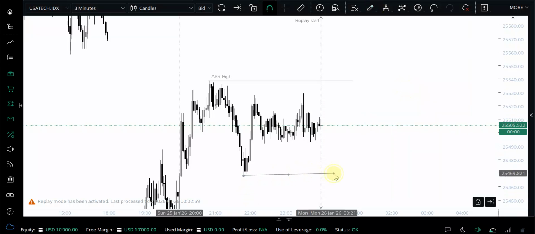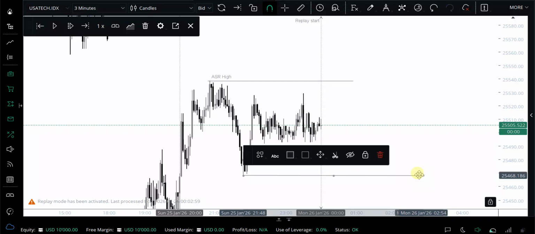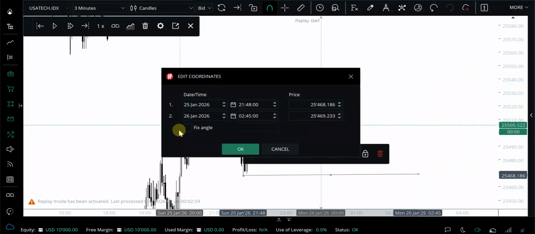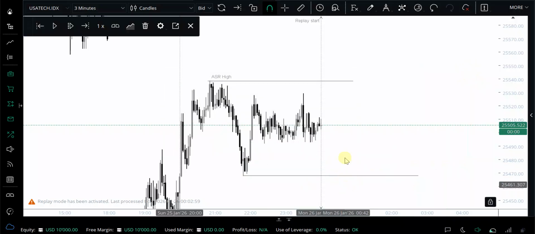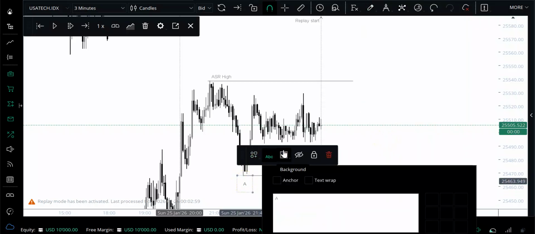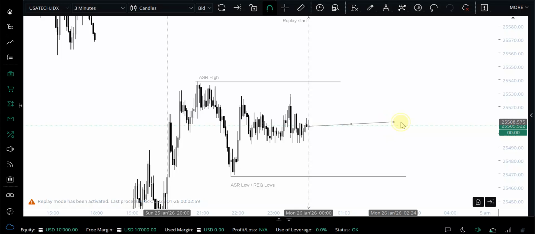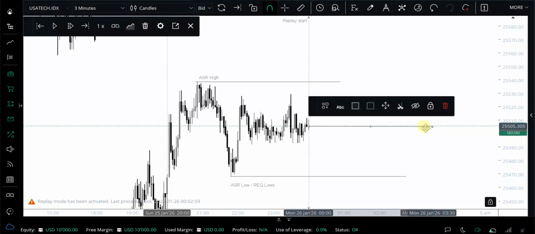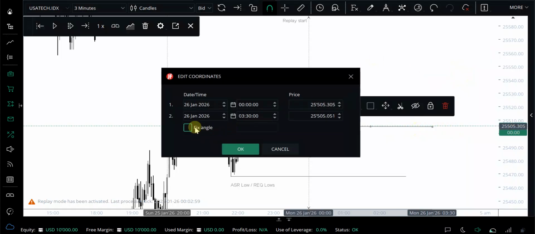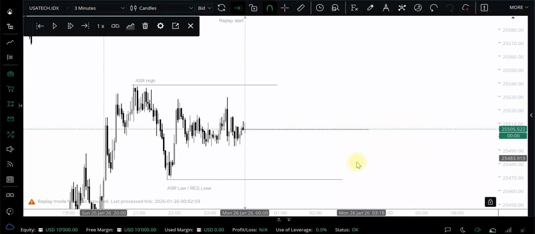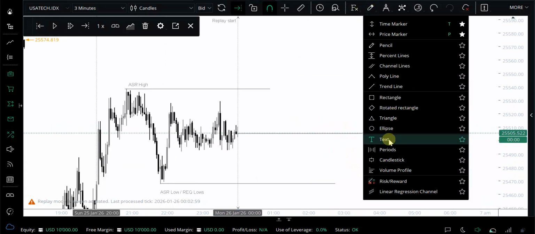And this is my Asian session range low, stroke relative equal lows. Then this is my midnight opening price right there.